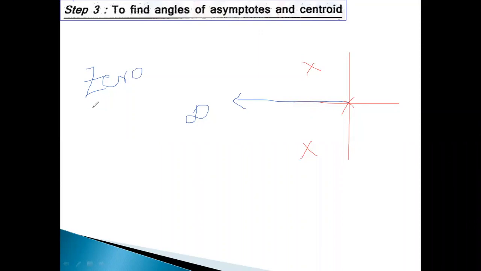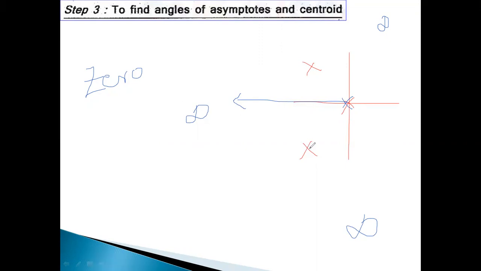So those zeros are present at infinity: one zero at infinity, another zero at some further infinity position, and the third zero also at infinity. We have to assume it like that. The root locus branch always starts at open loop poles and finally ends at open loop zeros. If there are no open loop zeros in the given transfer function, that means the open loop zeros are at infinity.